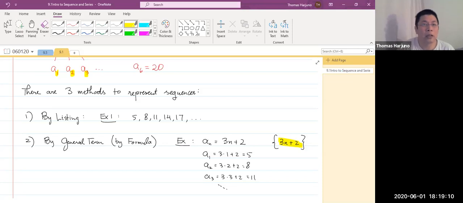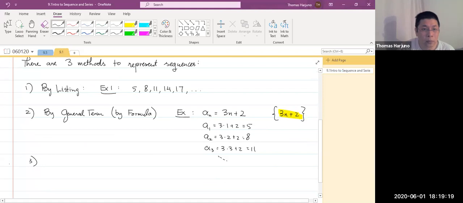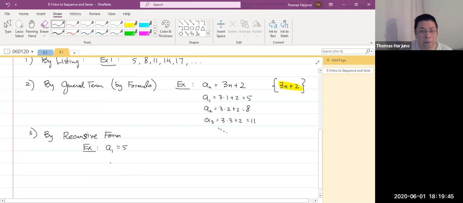The third method is called by recursive form. For example, I give you the first term first. The first term is 5. And then the next term is equal to the previous term, let's say plus 3.